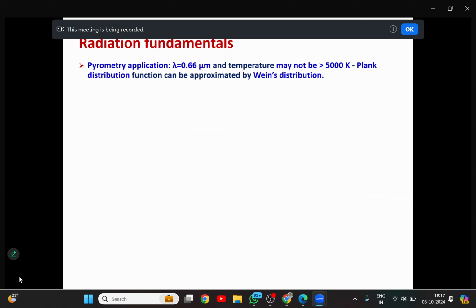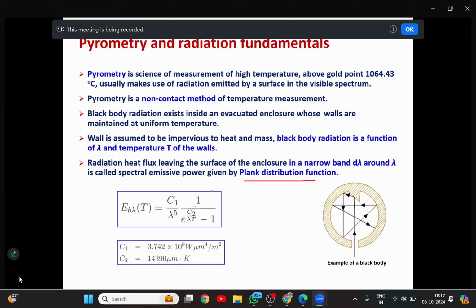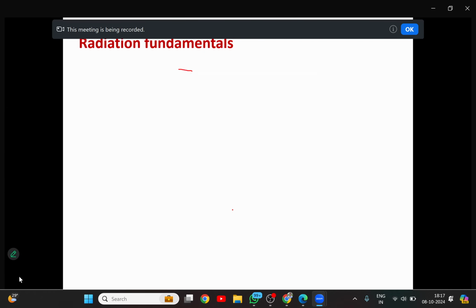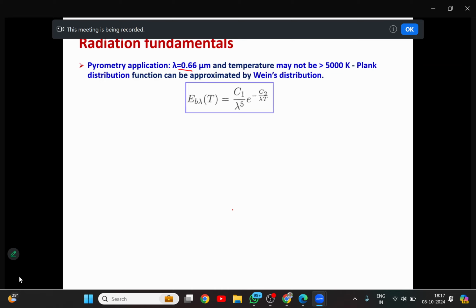Say lambda is typically 0.66 micron, where you have the maximum visible wavelength intensity. And if the temperature doesn't exceed 5000 Kelvin, then the Planck distribution function reduces to what is called Wien's distribution, which is relatively simpler.